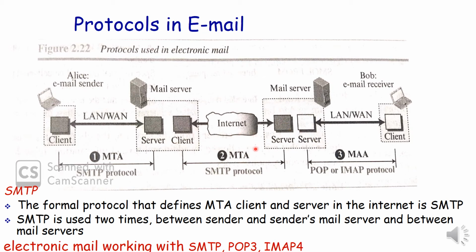Between the recipient server and the recipient, the protocol used is POP or IMAP. That is, the message access agent works on the protocol POP or IMAP, any one of these. POP is the common protocol used as the message access protocol.